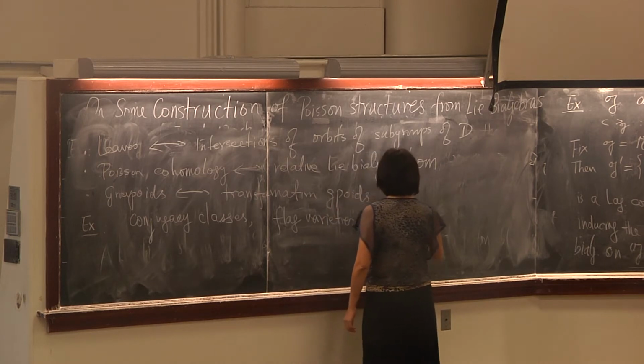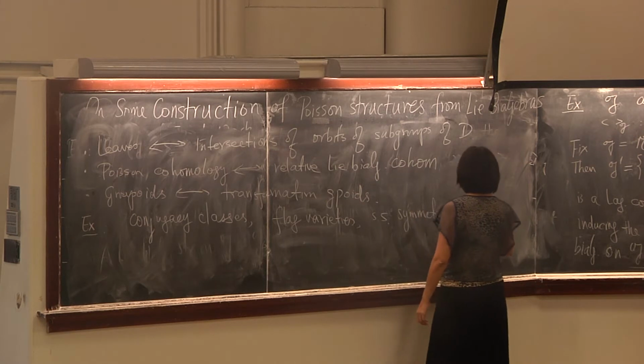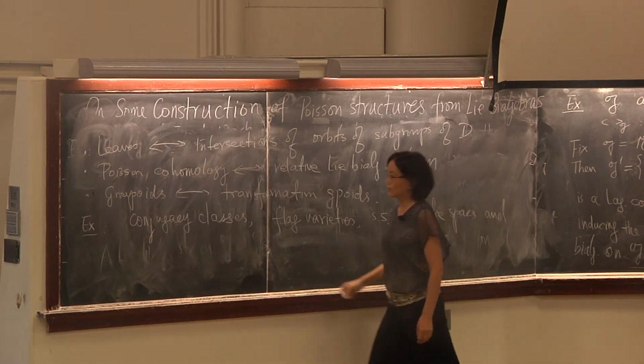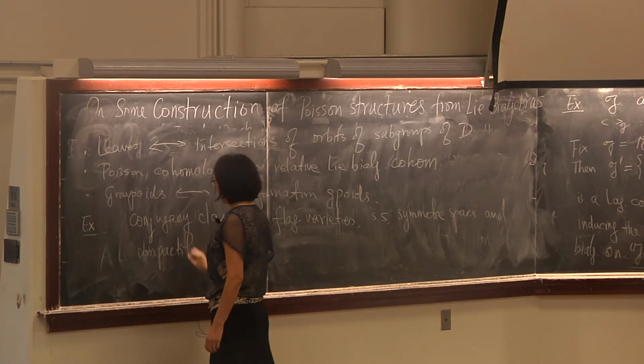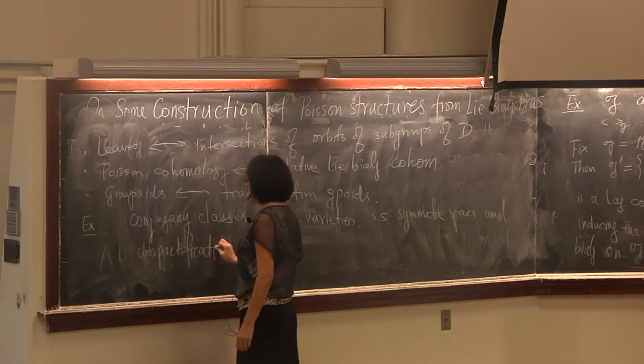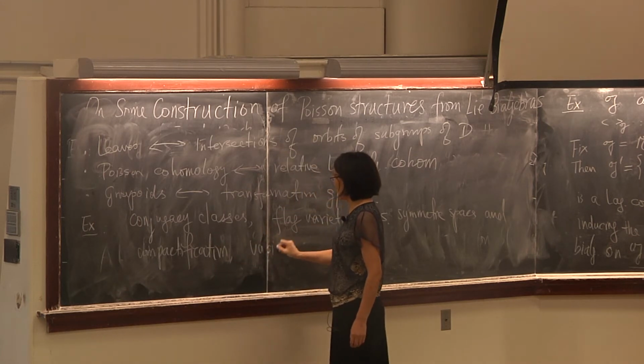semisimple symmetric spaces, and their wonderful compactifications. And in particular, like Eckhart mentioned, the variety of Lagrangian subalgebras.